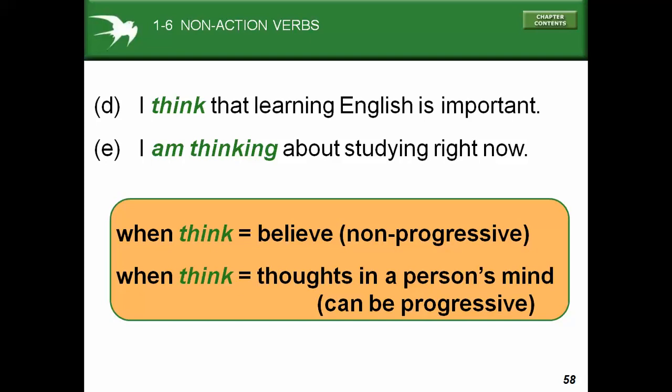If you say I'm thinking, it means these are thoughts in a person's mind, and it can be progressive. So there is a difference between I think and I'm thinking. I think means I believe, but I'm thinking means I am thinking right now. I have thoughts about studying right now. Okay.